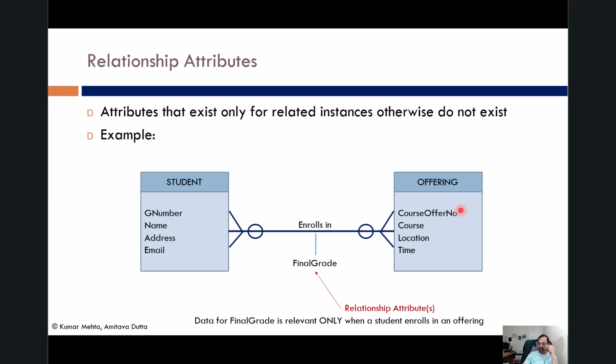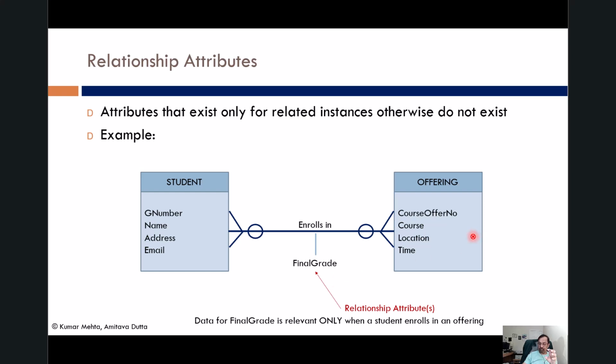Moreover, as per our discussion in the prior lecture, in this case, the relationship itself has an attribute. So there is a property of it. Final grade is an attribute that is a property of the relationship between student and offering. A final grade is not a property of the student alone. A final grade is not a property of the offering alone.